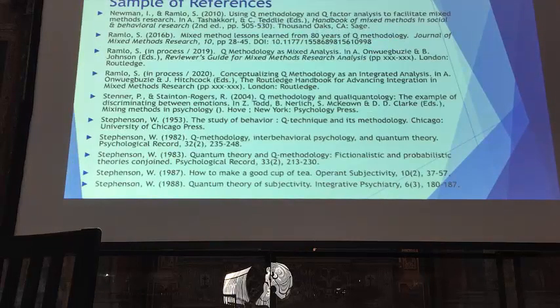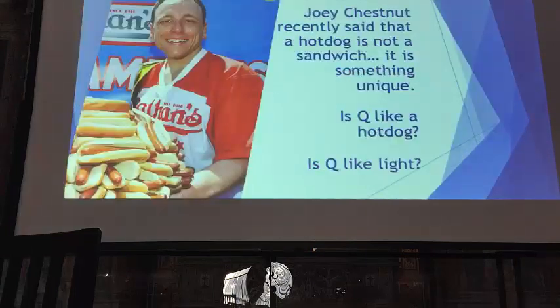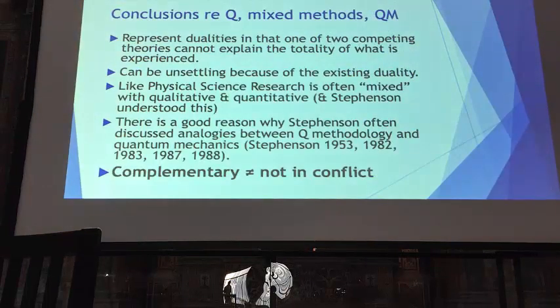A couple of slides. Tell me when. This one? Yes. You say that the last item there's good reason why Stephenson often discussed analogies. Mm-hmm. I think Stephenson never discussed analogies, and he explicitly said that Q and quantum was not analogical. Okay.